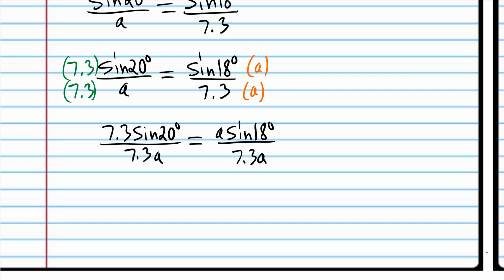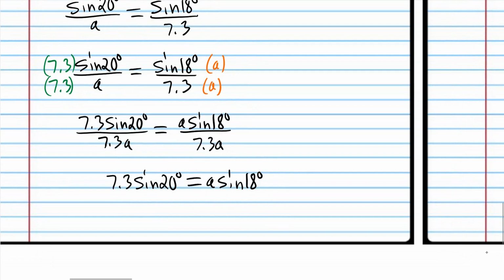And common sense tells us that if these fractions are equal and the denominators are the same, well, obviously the numerators would have to be the same number. So that means we can get rid of the denominators and just say 7.3 sine 20 degrees is equal to a sine 18 degrees.